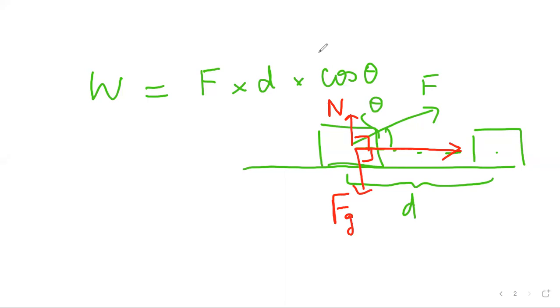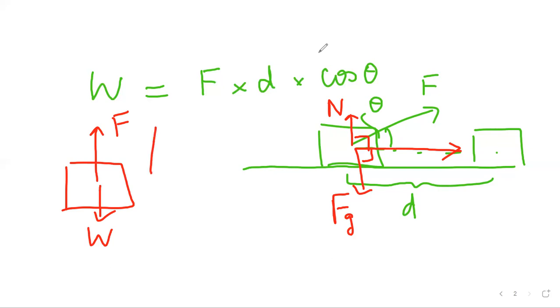So let's look at an example. Let's say you have a block, maybe it's a bucket. If the bucket is being pulled up, there is some force pulling it up, F applied, and the weight is opposing it. If I asked you to calculate the net work done, you would first calculate the work done by F. If the displacement was 5 meters up, and the force was whatever the value was, then the work done would be that force times 5.